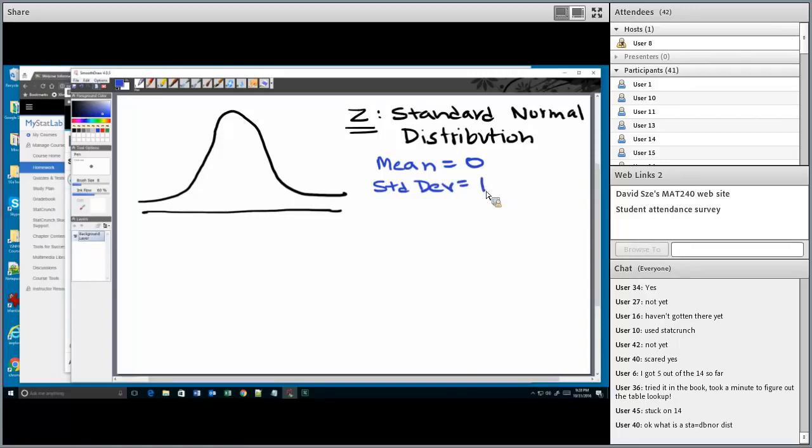How easy was that? Therefore, Z just represents a normal distribution that has a mean of 0 and a standard deviation of 1. So the center is going to be 0, and that one standard deviation line is going to be 1.